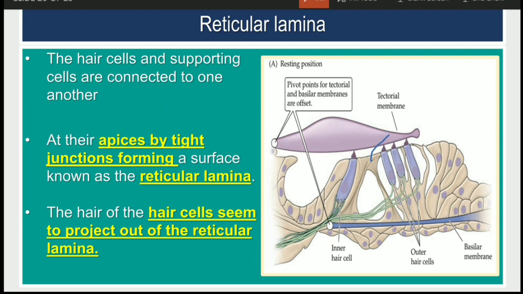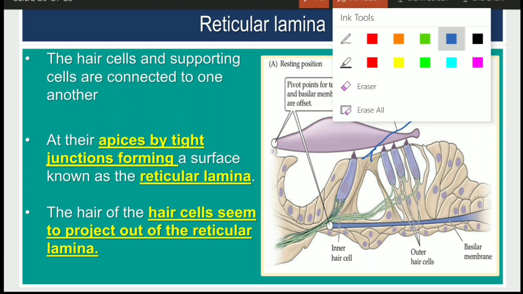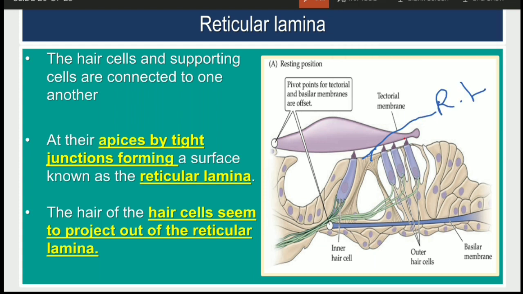This is our reticular lamina, and the hair cells are projected out in this manner.